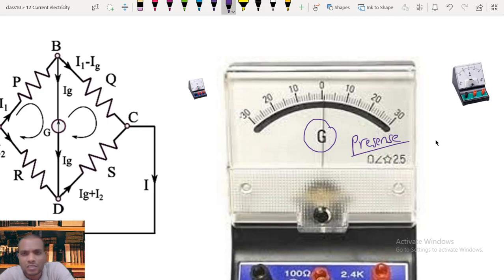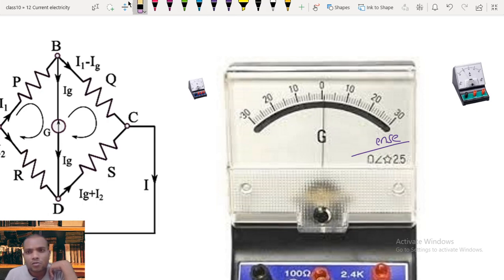That is also noticeable with the help of the galvanometer. The voltmeter measures potential difference, the ammeter measures current, and we can get certain values. But the galvanometer deflects when current is present in the given circuit.